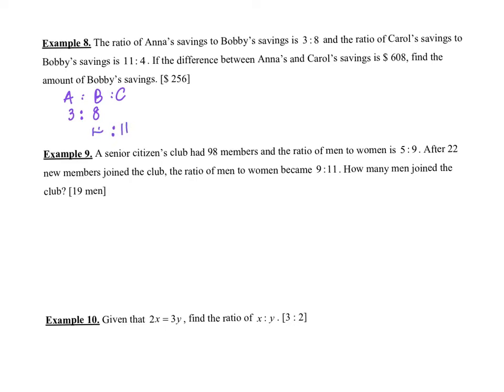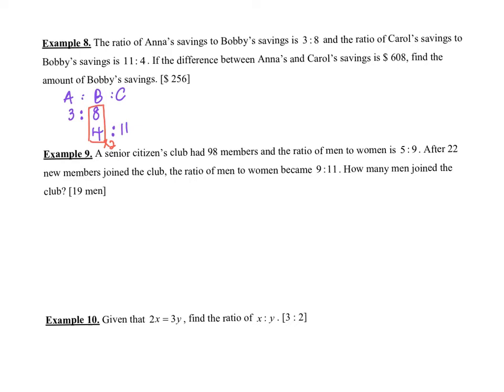Bobby's saving is 4. Before we try to do the other questions, we notice that these two units for Bobby are not the same, not on common ground. So we need to try to make them common. In this case, 8 and 4, what's the lowest common multiple? Well, it would be 8, right? So I'm going to multiply by 2 to 4.